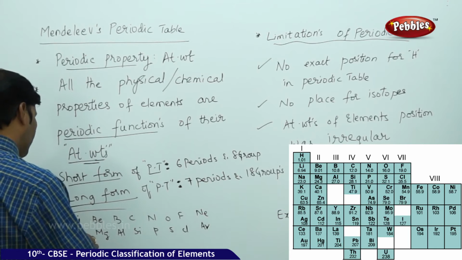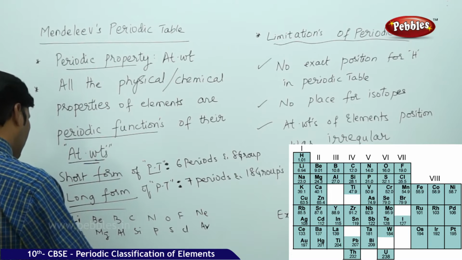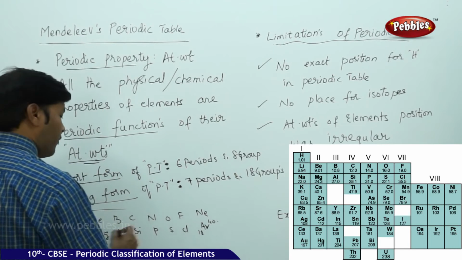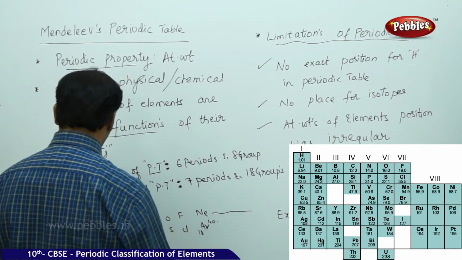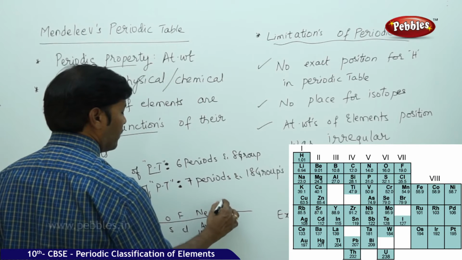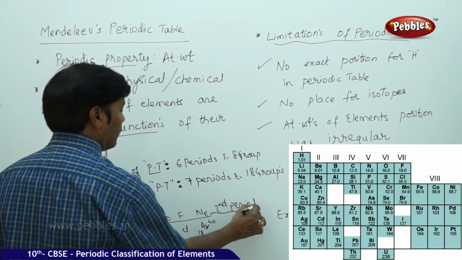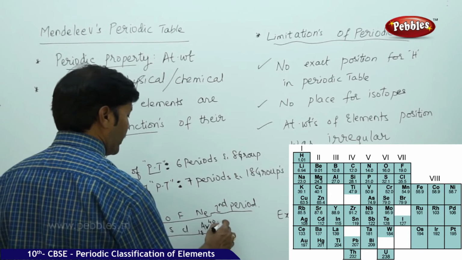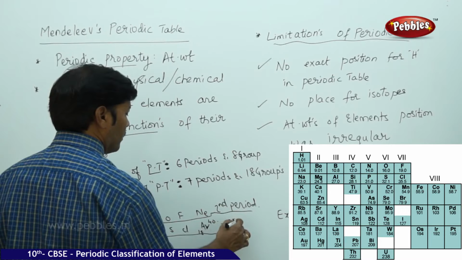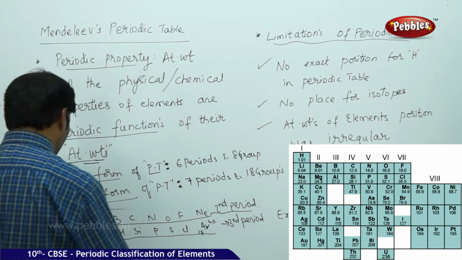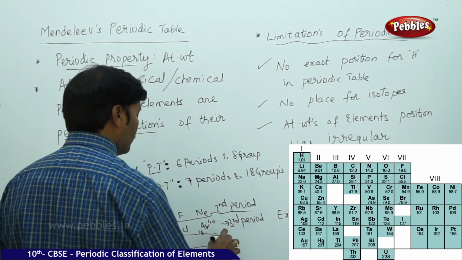And next is potassium. Potassium is 19, atomic weight 39; argon is 18, it is 40. So this set of elements belongs to the second period, this set belongs to the third period, and potassium belongs to the fourth period.